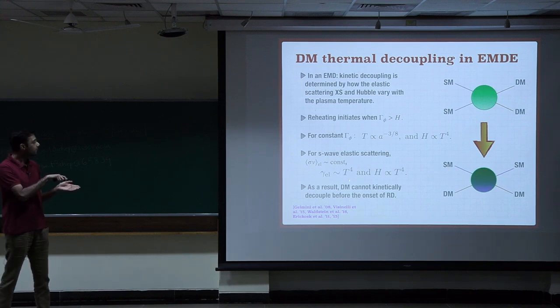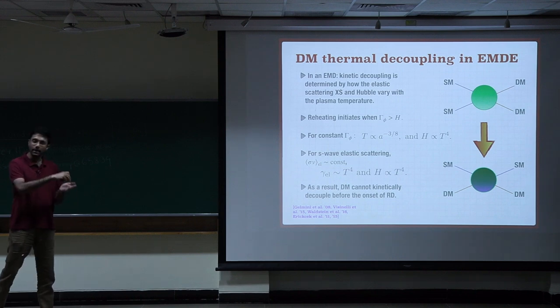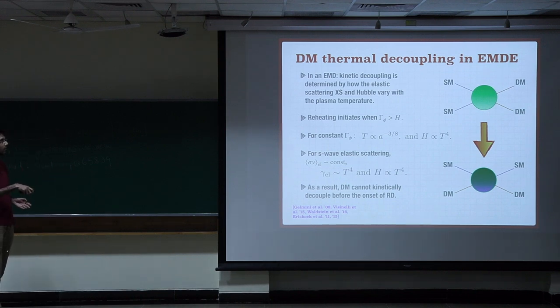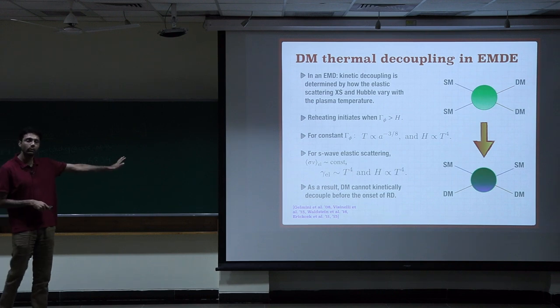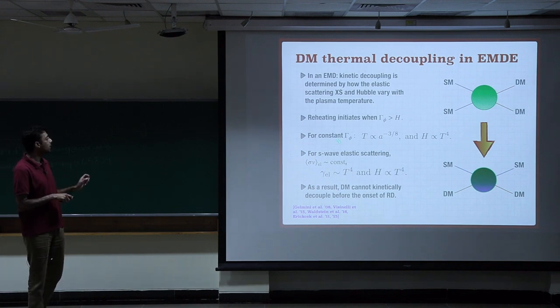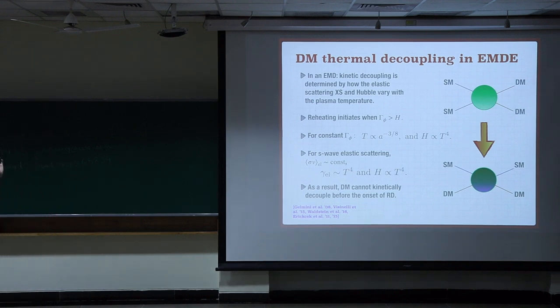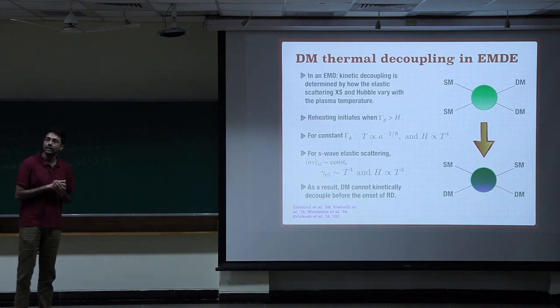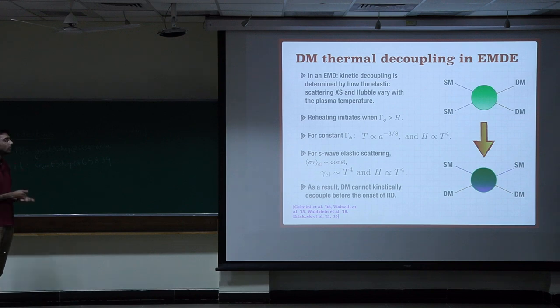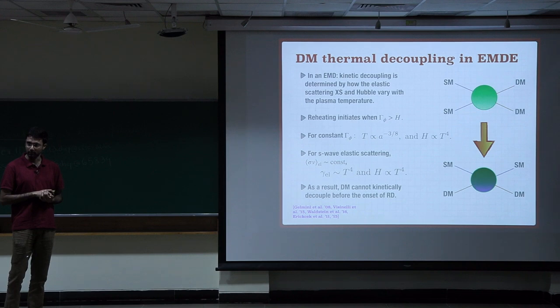If and only if the elastic scattering was faster than T to the power 4 would decoupling be possible, and for an S wave this is not possible. So the upshot is that for a constant dissipation rate, even in an early matter-dominated era, for an S wave channel, it is not possible to fully decouple the dark matter from the bath.